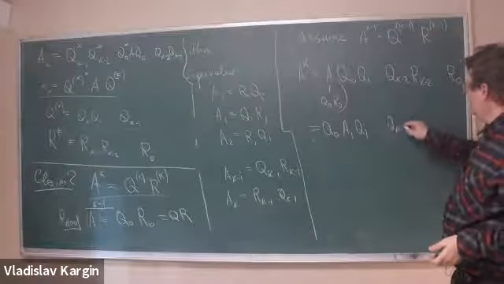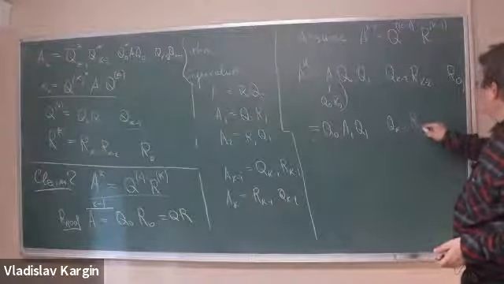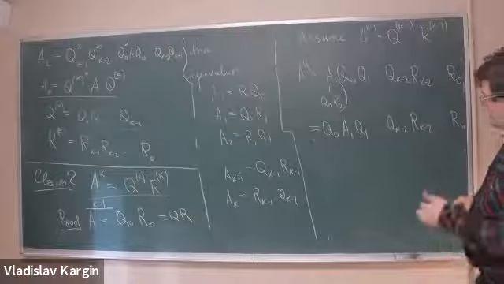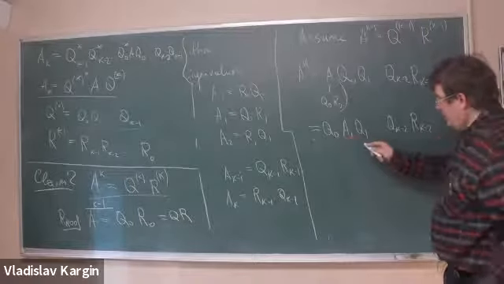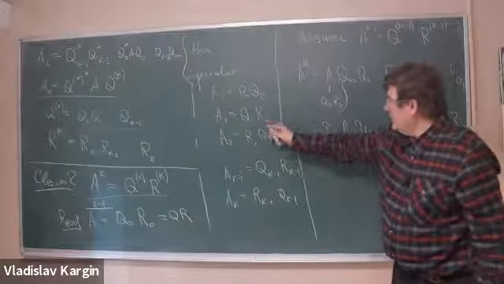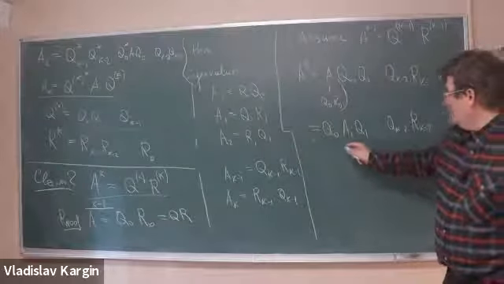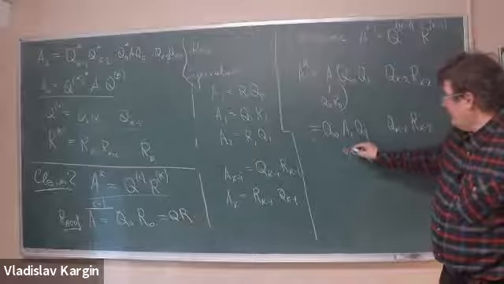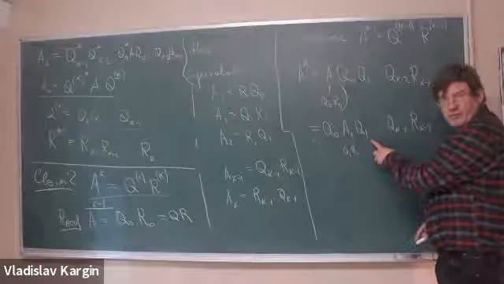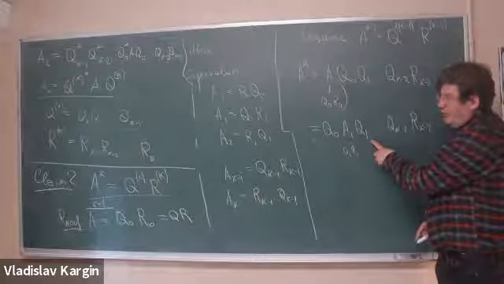Q_{k-2}, R_{k-2}, R0. And so on, essentially, after that. So A1, we know that it's equal to Q1 R1. And here's R1 Q1, so R1 Q1 is equal to A2.